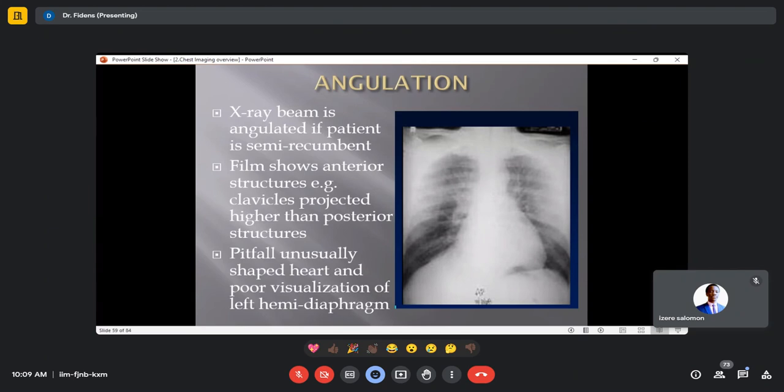If you are not able to read it, what can you do? Just repeat. So you get the message about the angulation?